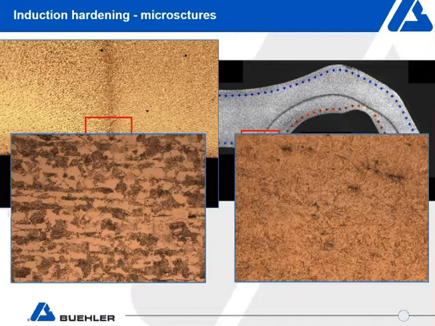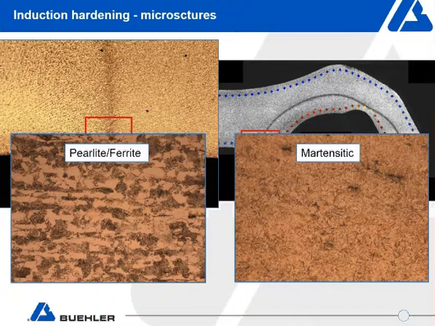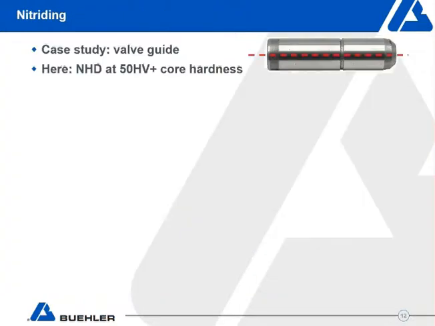On your right is the martensitic microstructure, which is desirable, gives you high hardness. And the pearlitic or ferritic, which is the core, is a little bit pliable, so it improves the toughness of that component. The next application I'll be talking to you about is looking at a nitrided sample, in this case a valve guide.